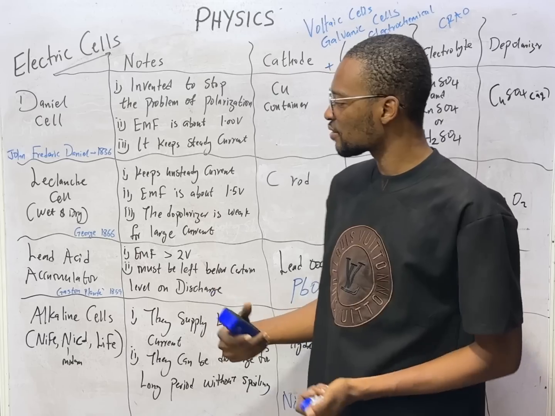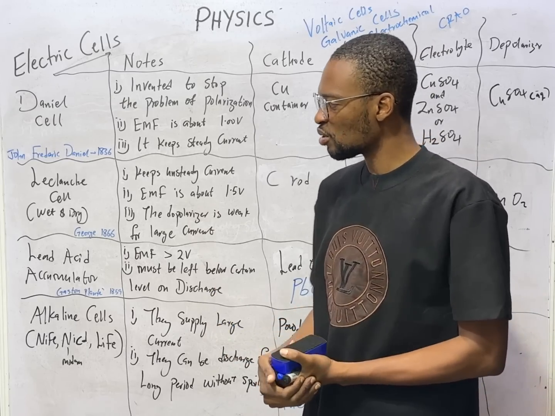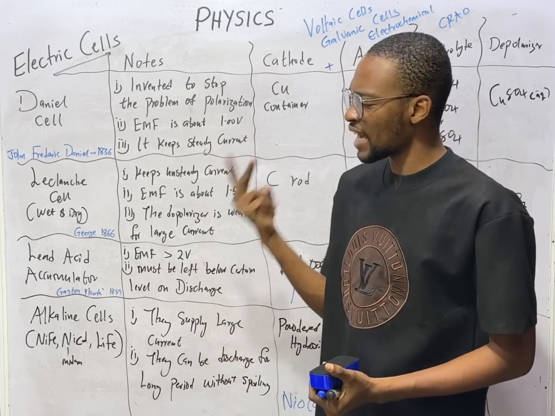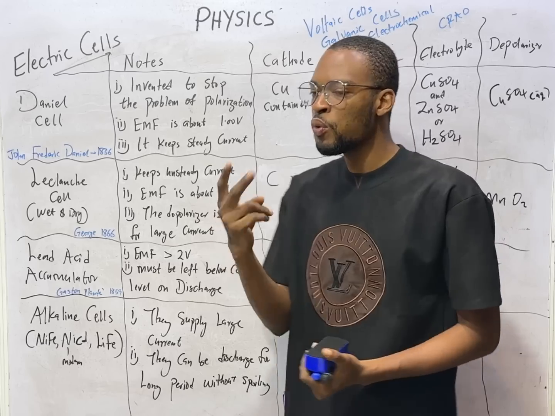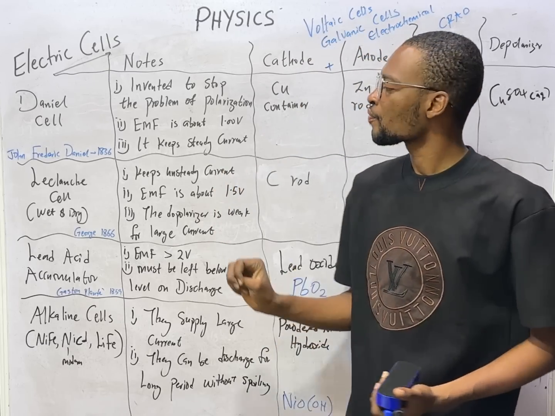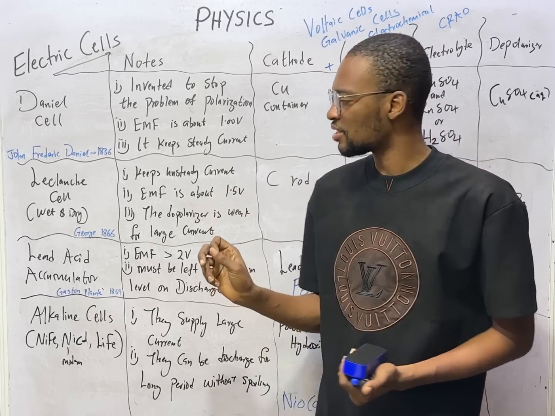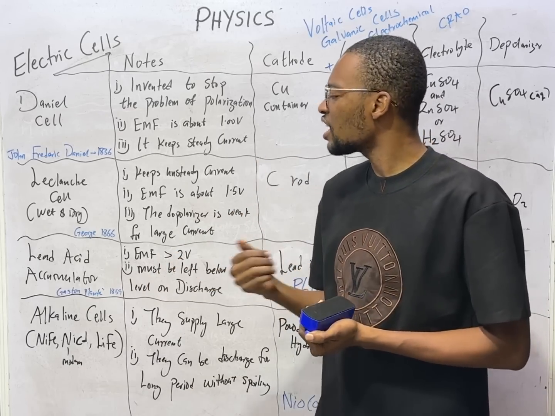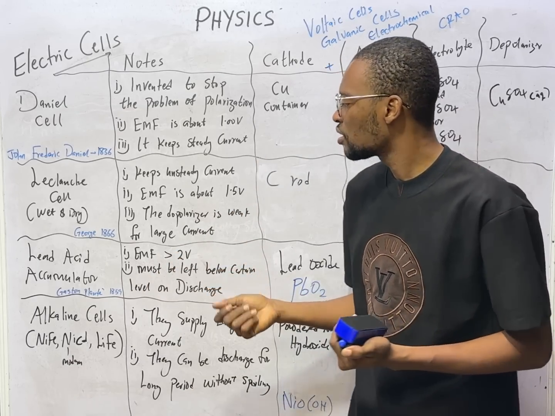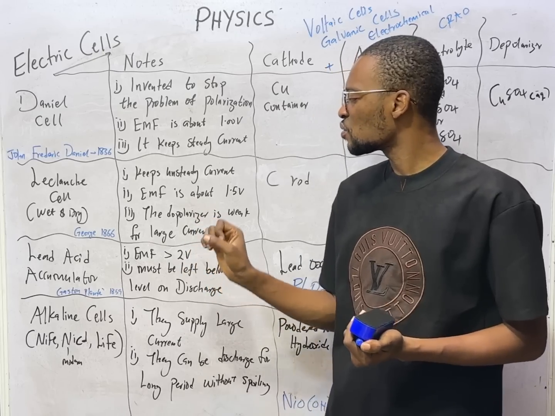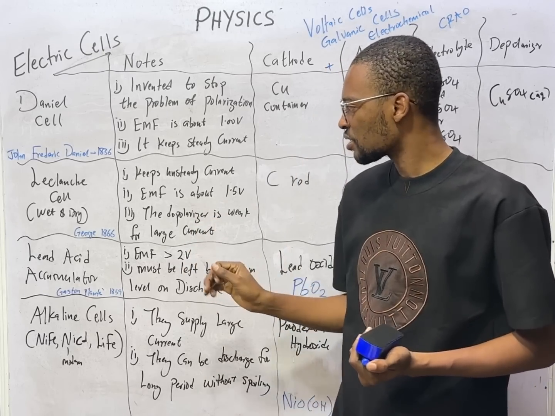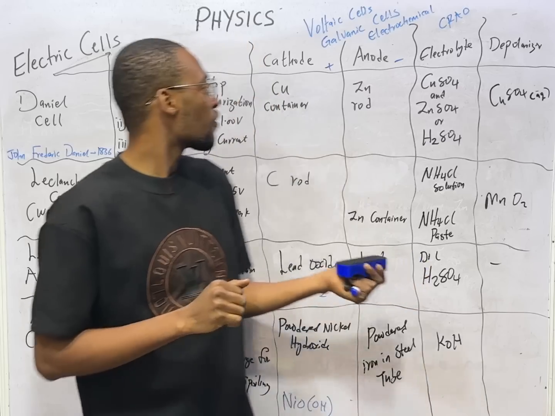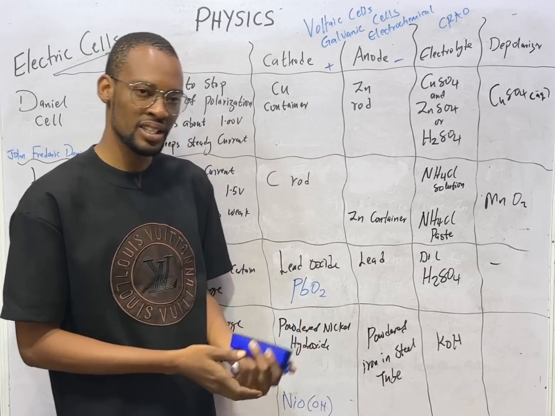Leclanché cell, first popularized by Georges Leclanché in 1866, is of two types. We have the wet Leclanché cell and we have the dry Leclanché cell. It keeps unsteady current. The EMF is about 1.5 volts and the depolarizer is weak for large current. Now for the Leclanché cell, whether wet or dry, the cathode and the anode are the same.